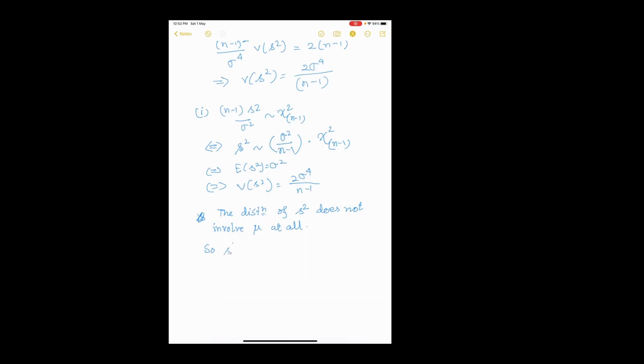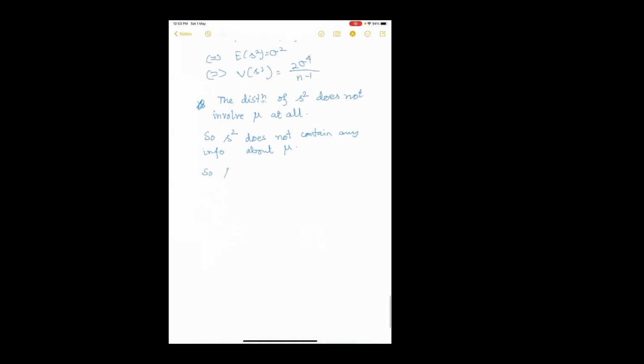So s square does not contain any information about mu. So s square is an ancillary statistic for mu.